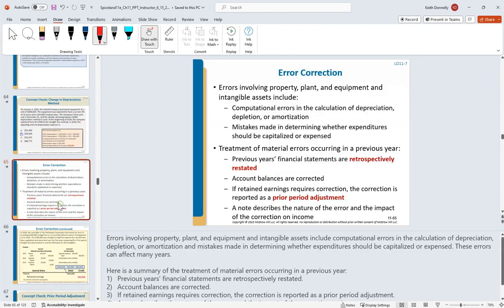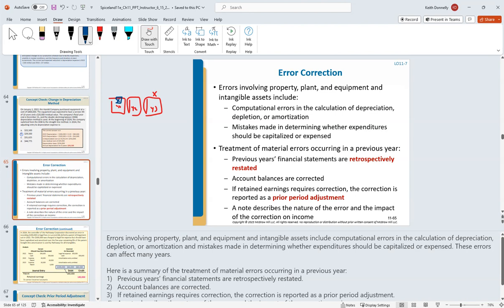There's an MCQ you can look at. How about an error? Maybe we're doing some financial statements. We have like year 1, year 2, year 3, and then in year 3 we say, uh-oh, we screwed up in year 1. There was an error whenever we calculated depreciation, amortization, or depletion.